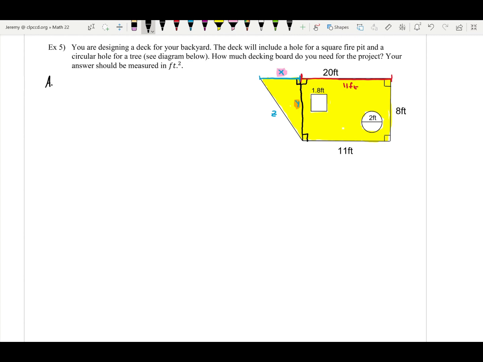So I'll say area of the triangle A is 1/2 times the base times the height, which for our problem is 1/2 X times Y.